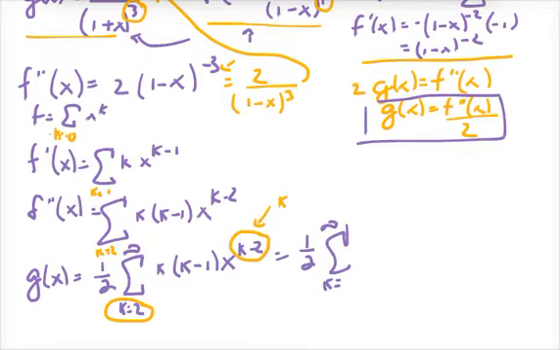So I can drop this back down, which is what I'm interested in doing, to k equals 0. I'm going to subtract 2 from the index, which means I need to add 2 everywhere else.